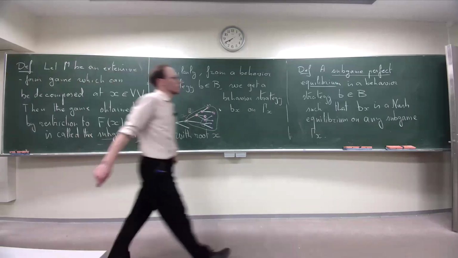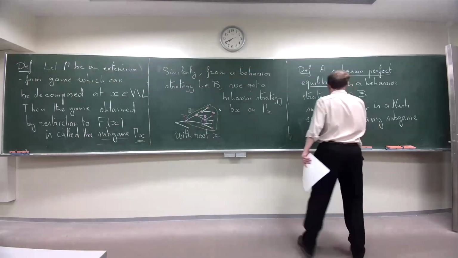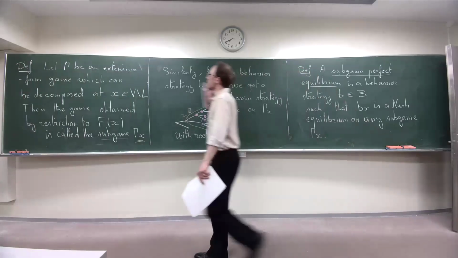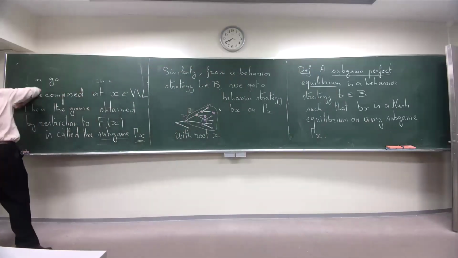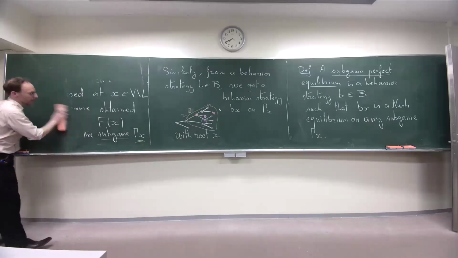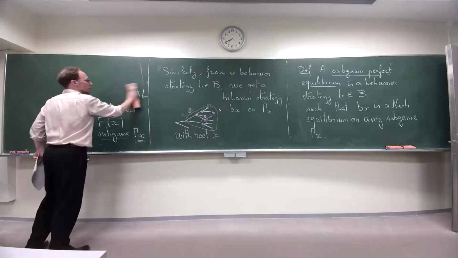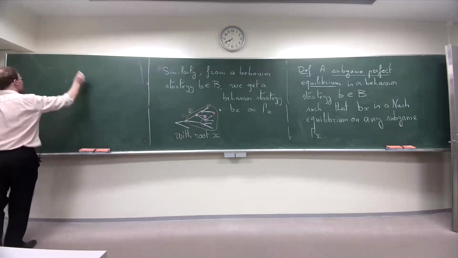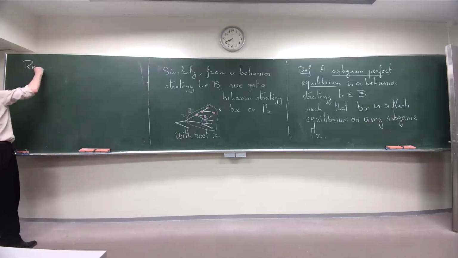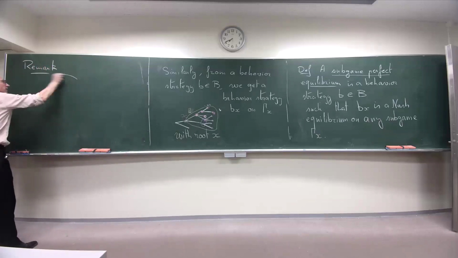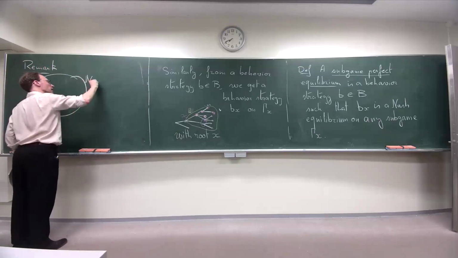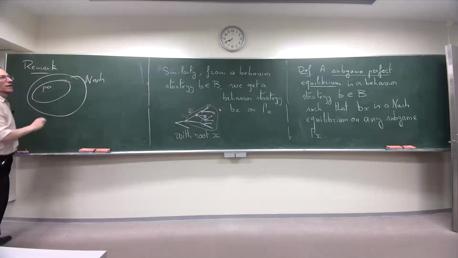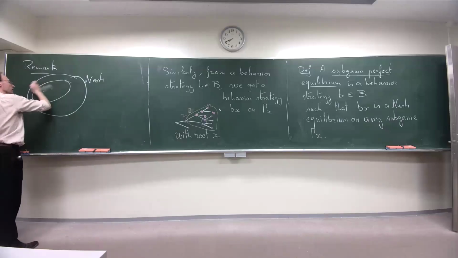So just an easy observation. These subgame perfect equilibria are among the set of Nash equilibria. So remark, if you take Nash, then inside you have the subgame perfect.